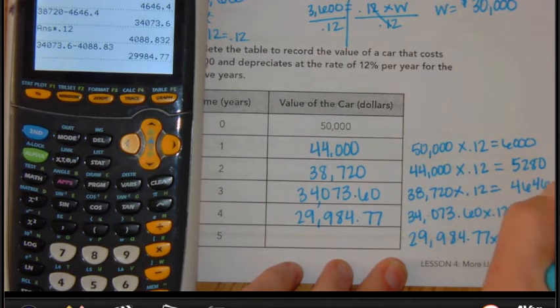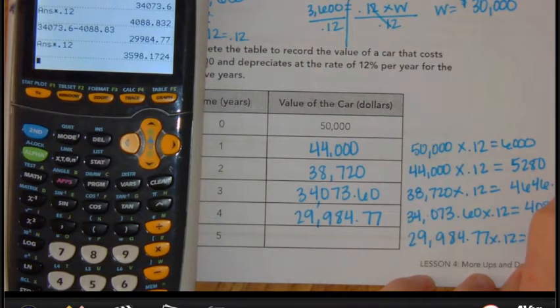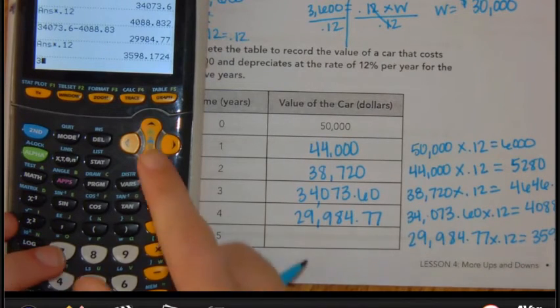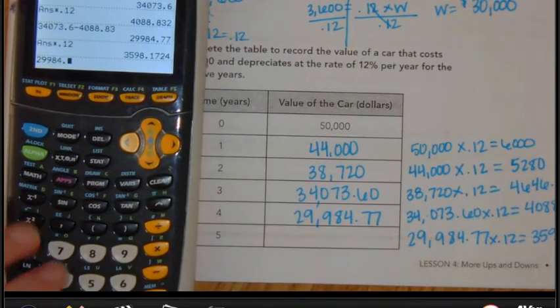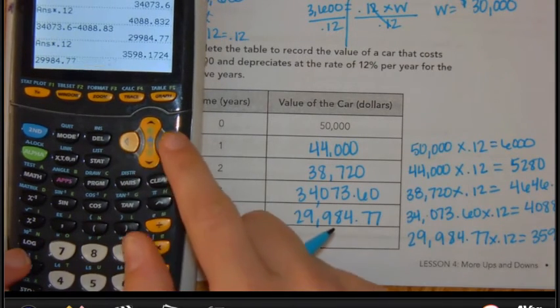And then after year 5, 29,984.77 times 0.12 is what? 3,598.17. So 29,984.77 minus 3,598.17.